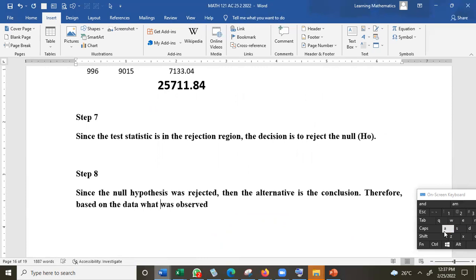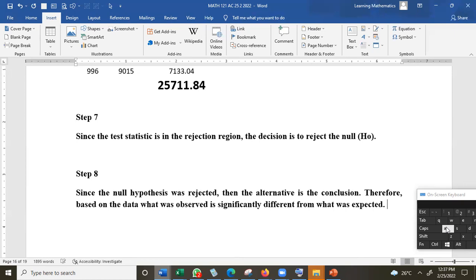there are different ways of phrasing that. What was observed is significantly different from what was expected.